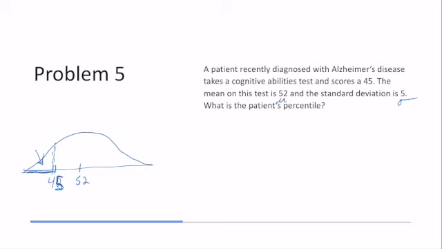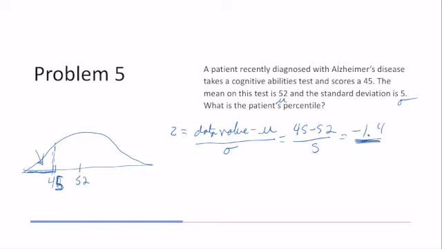So I'm going to find my z-score. To find a z-score, you take your data value minus the mean over the standard deviation. So I'm going to take 45 minus 52 divided by 5, and I'm going to get negative 1.4. I take this z-score and look it up to get a z-table value of 0.0808.